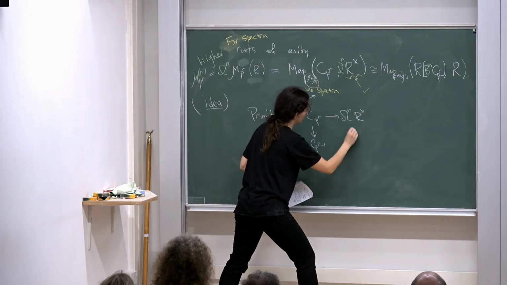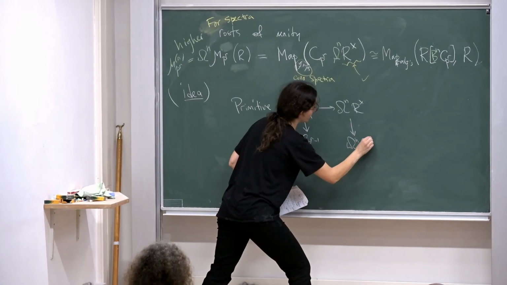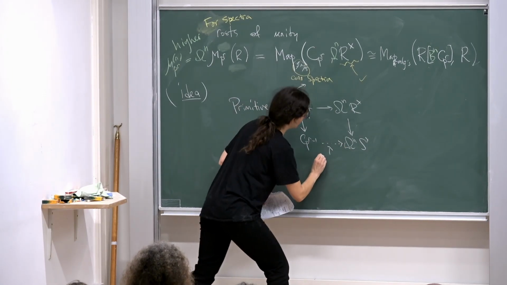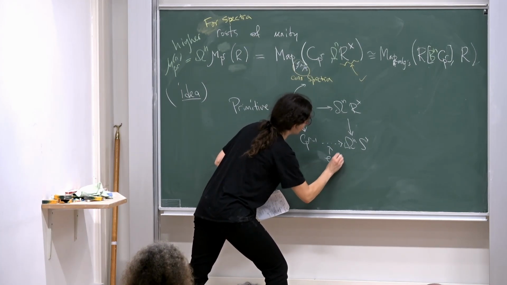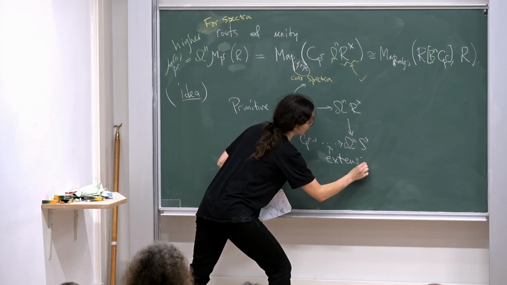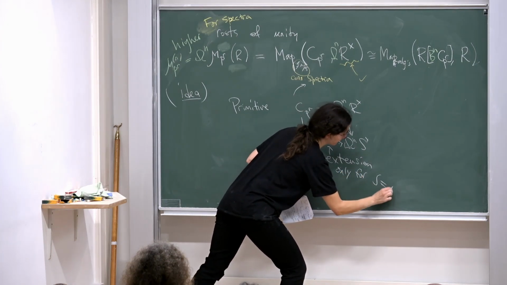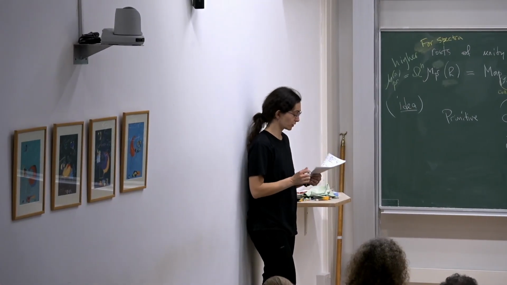And then, for any map of algebras here, if there's an extension, there's only an extension for the zero ring. So we don't actually have this after base change.